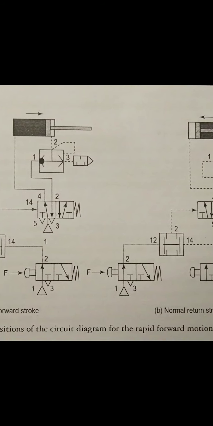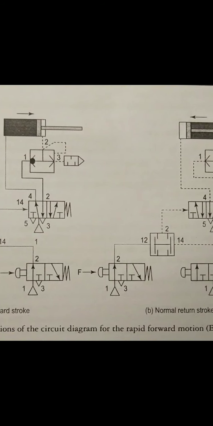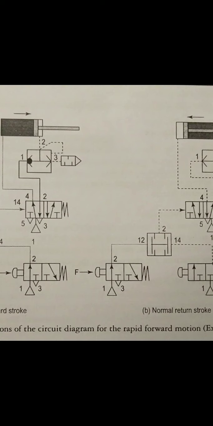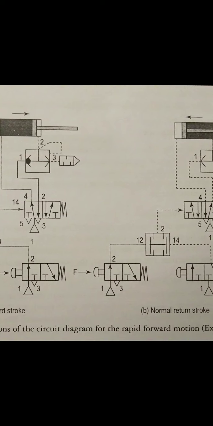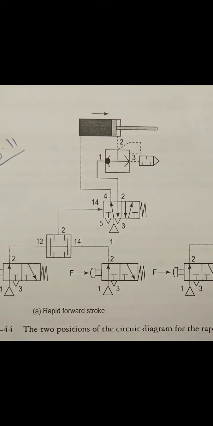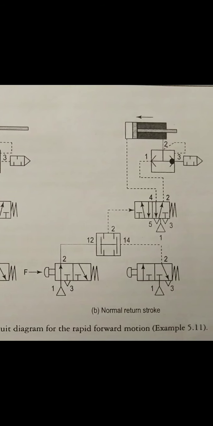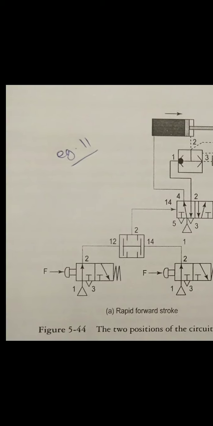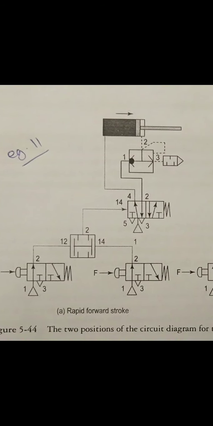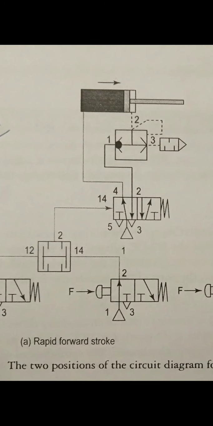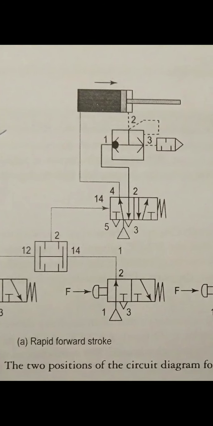Okay, so the two positions of the circuit you can see here, in the actuated and normal position. Other things are self-explanatory. So this is a normal or rapid forward stroke, just due to the action of the quick exhaust valve, right? It creates a vacuum-like thing at port 2, which is just the right side of the piston.